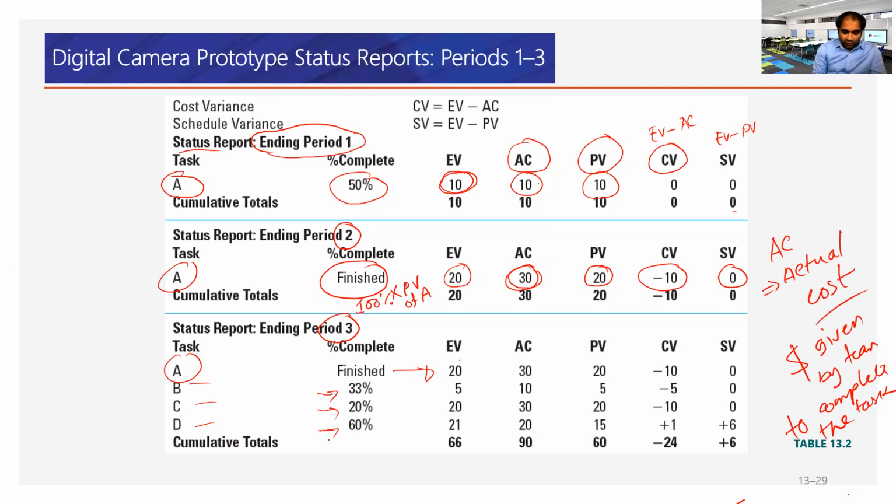So what is the earned value of B? 33% complete times PV.